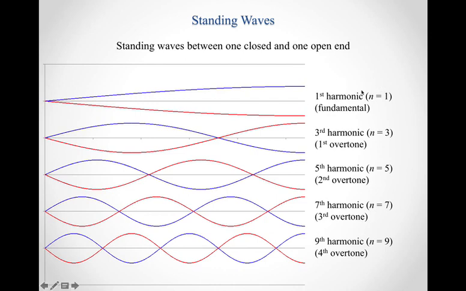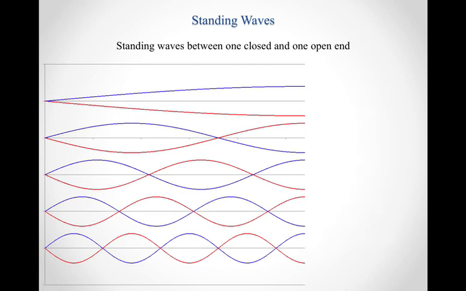The labeling is a little bit different because we only have odd values. So the first harmonic is still the fundamental, but the first overtone for an open-closed standing wave is known as the third harmonic. The second overtone is the fifth harmonic. The third overtone is the seventh. So our overtones are still labeled the same, but we've lost the even values for our harmonics.